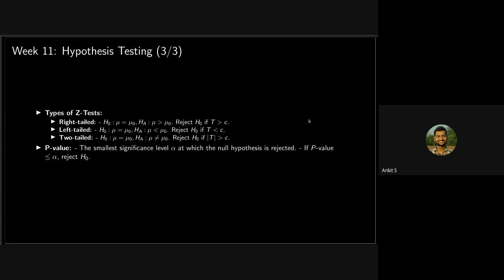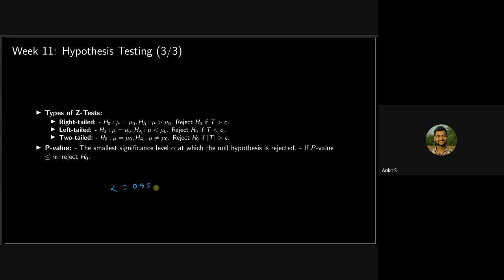We make some assumptions about that, and we decide ourselves, based on a significance level. Suppose we decide that we want to be 95% confident about whatever decision we are making. It is the significance level: what is the significance of our results?